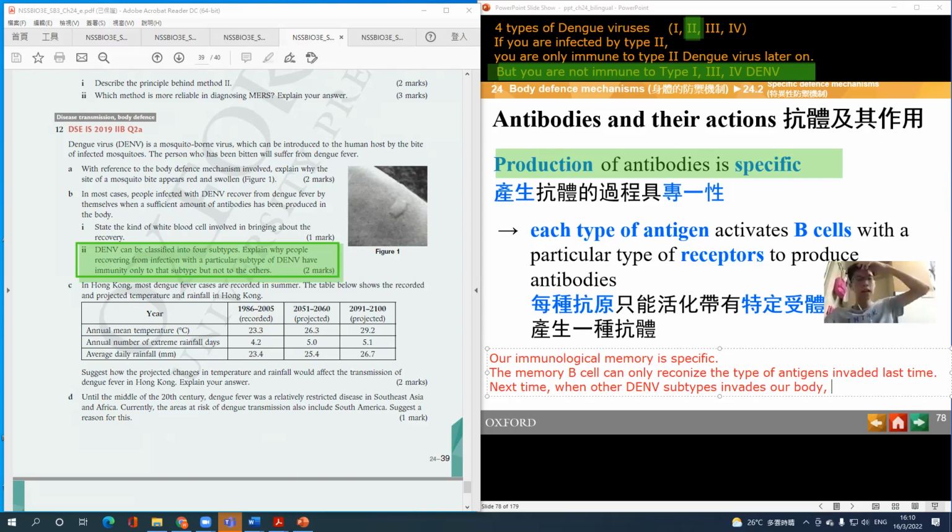the antigen has a different shape from the subtypes last time.